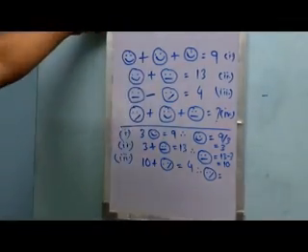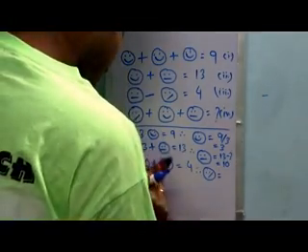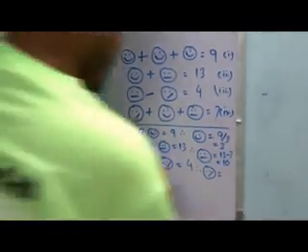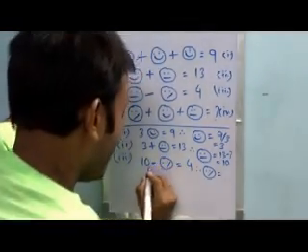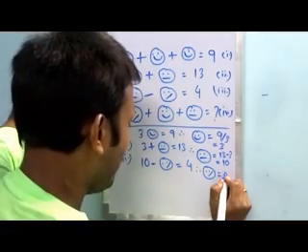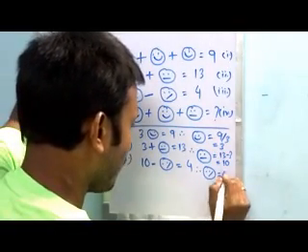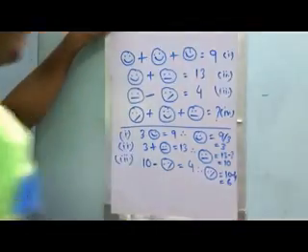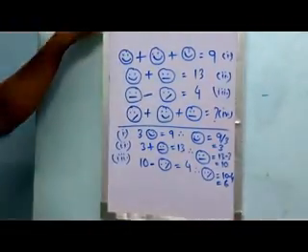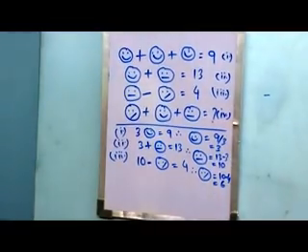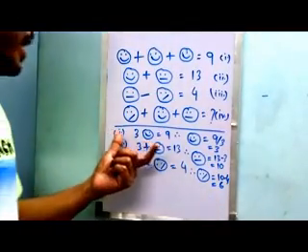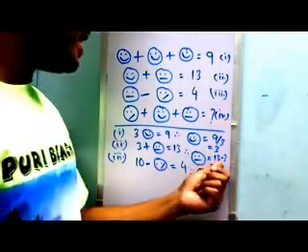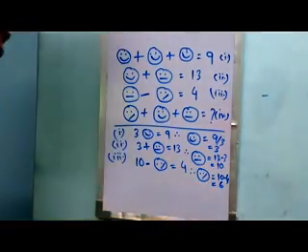So one dull face equals 10 minus 4 equals 6. So we have already got the value of one smiling face, which is 3, one normal face, which is 10, and one dull face, which is 6.